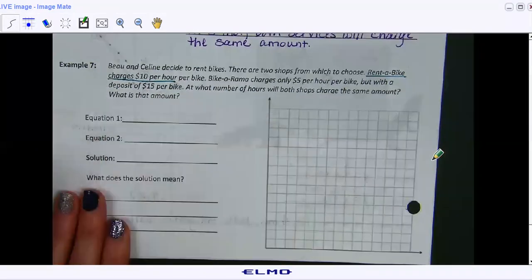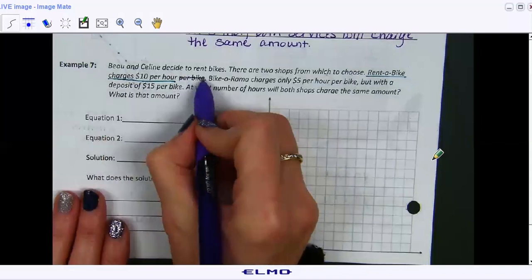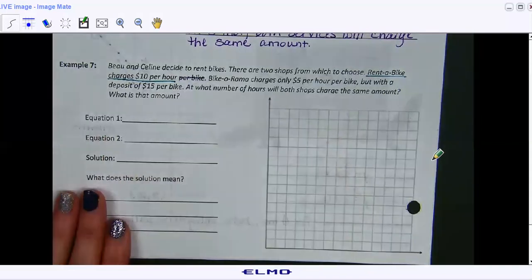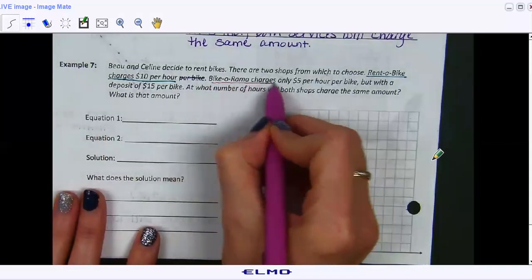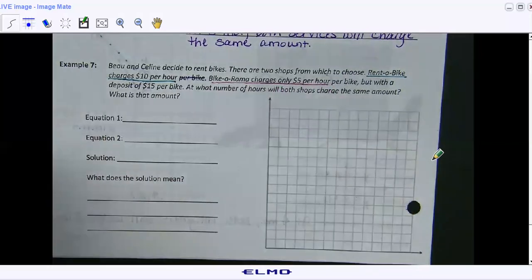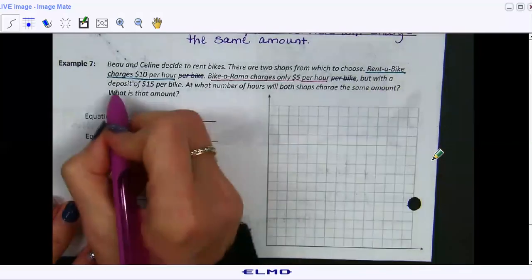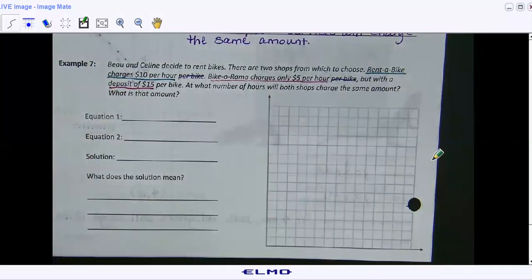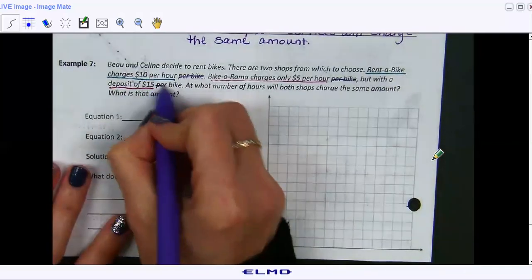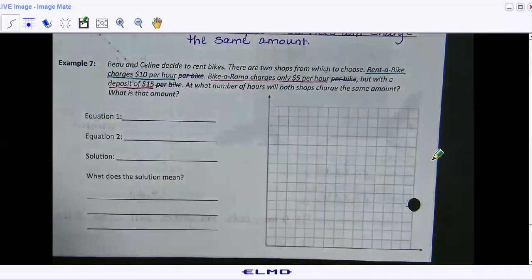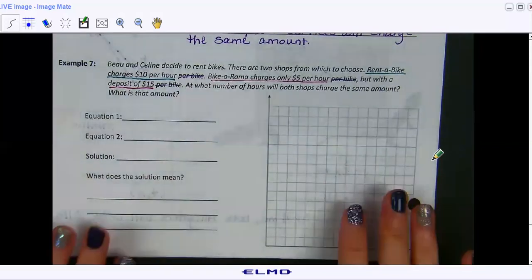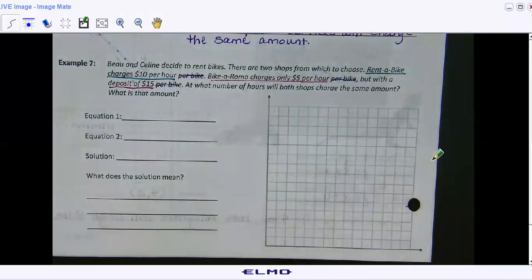I want you to cross off the words per bike. Bike-O-Rama charges $5 per hour, cross off per bike, but with a deposit of $15, and again, cross off per bike. Those shouldn't be in there. At what number of hours will both shops charge the same amount? And what is that amount?